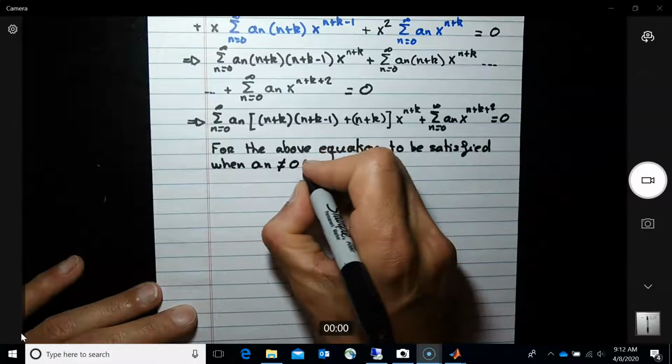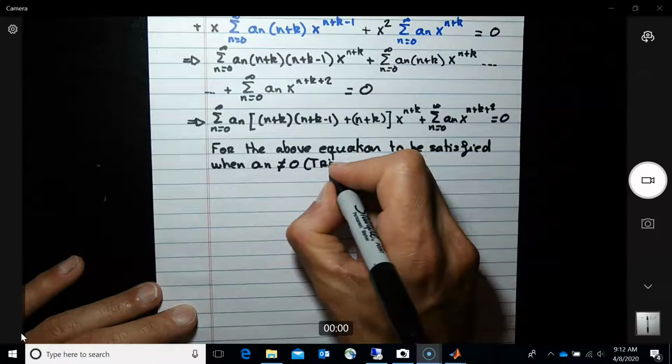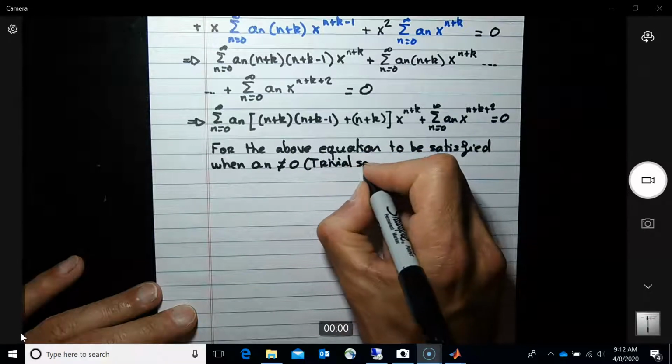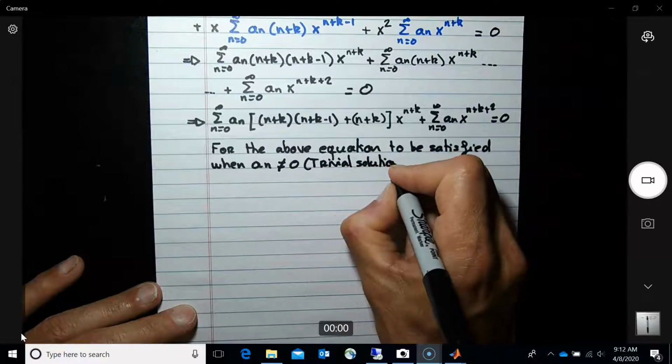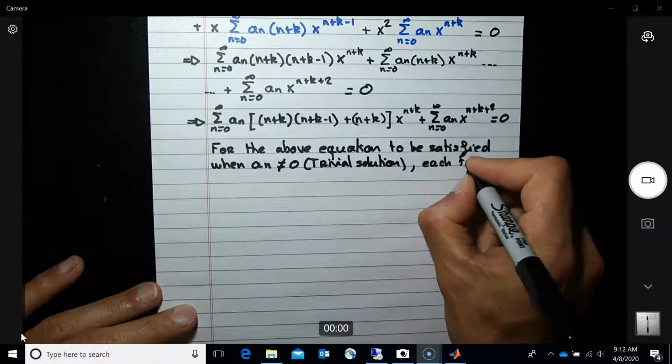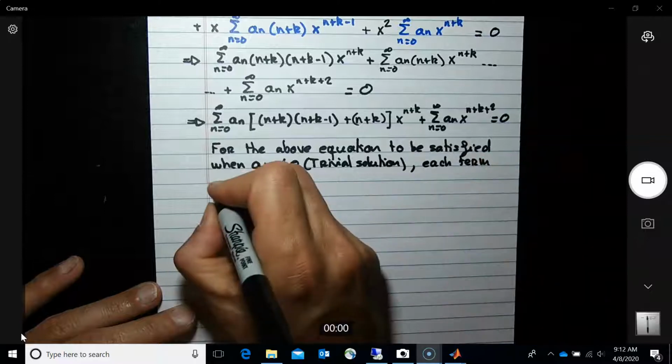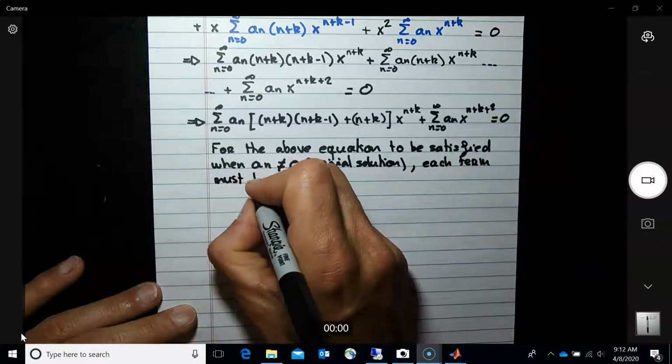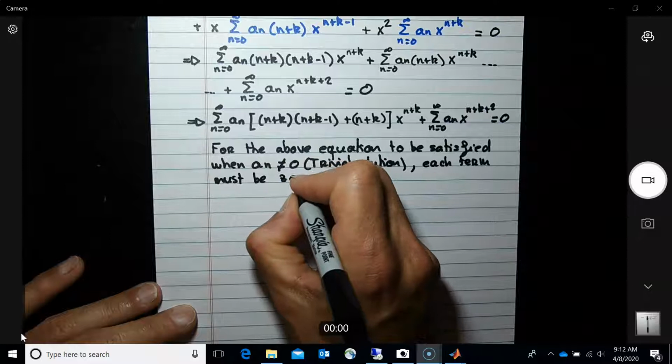So basically this is the trivial solution. Each term must be 0.